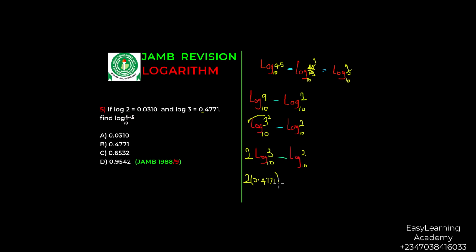Let's close it so we know it's multiplying. We are using 2 to multiply everything there, and the other one, minus log 2 base 10, from our question is 0.0310, so we have minus 0.0310.